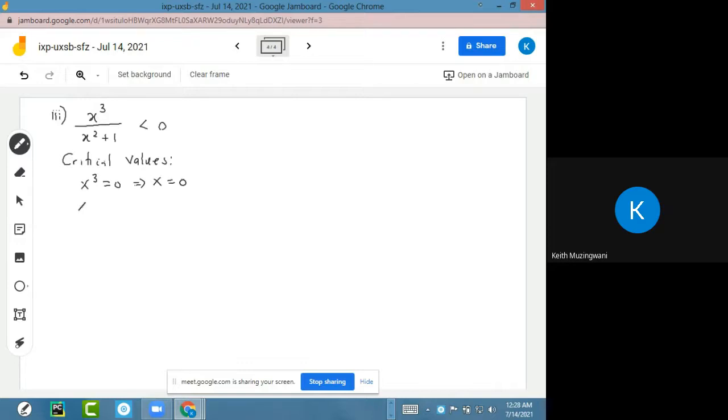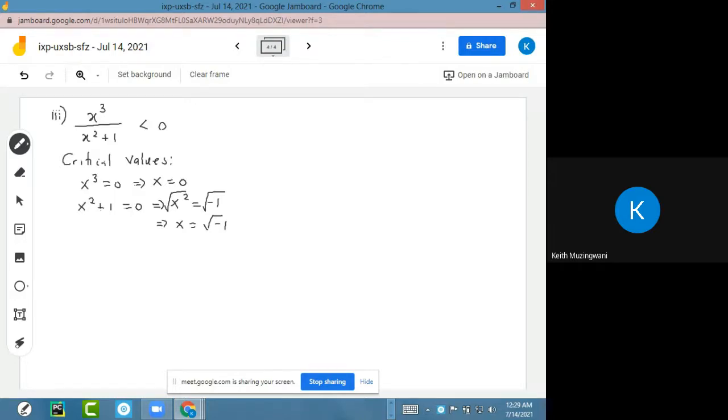For the denominator, x squared plus 1 is equal to 0, implying that x squared is equal to negative 1. Try to get the square root here, and there you have x is equal to the square root of negative 1. This is not possible. So because it's not possible, we only have one critical value, which is 0.